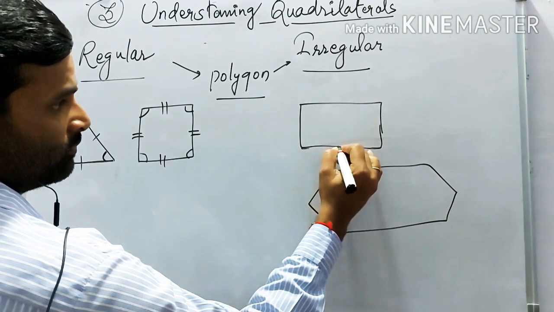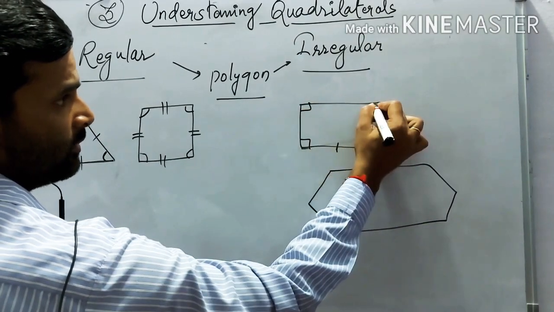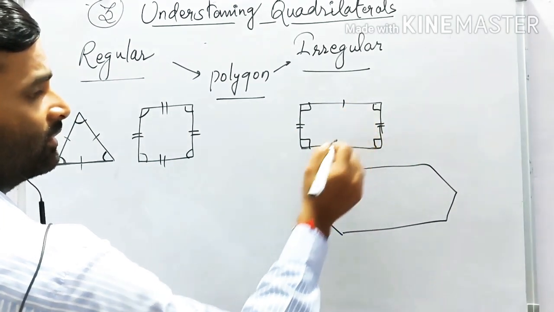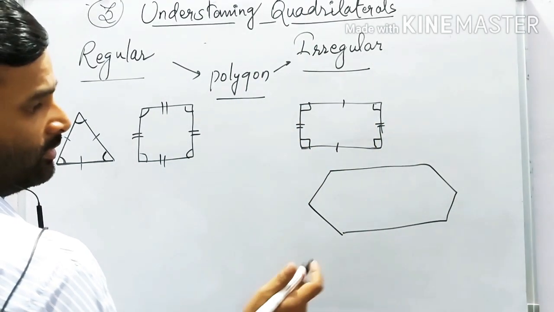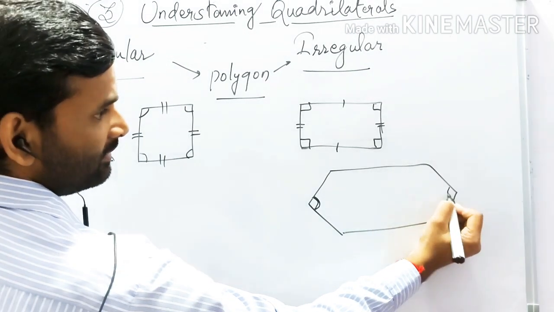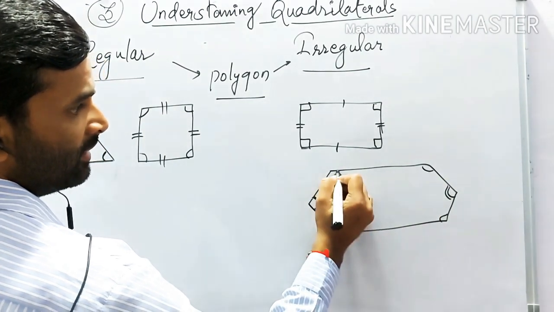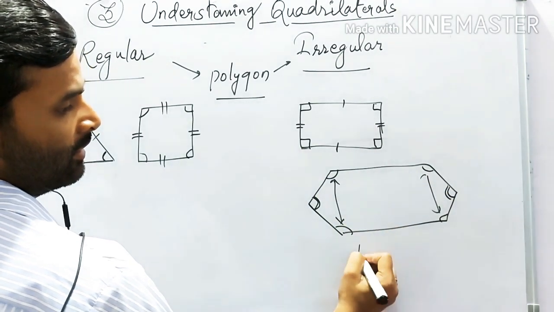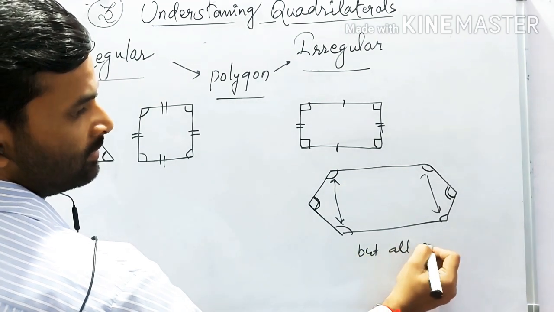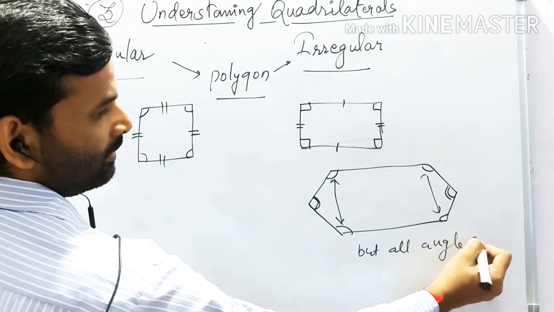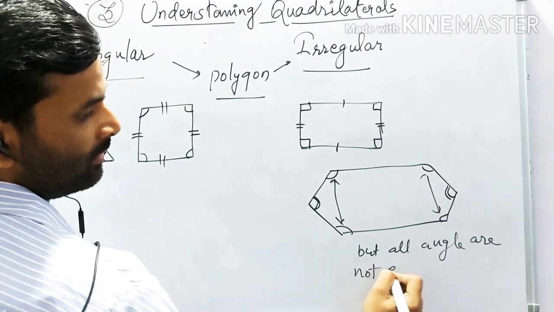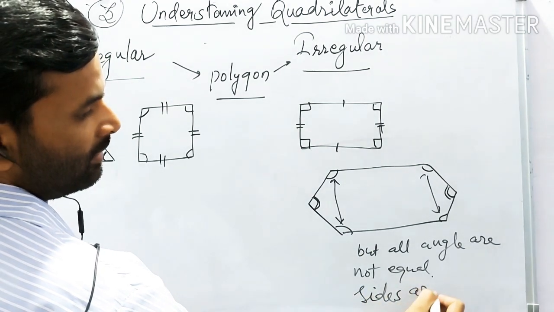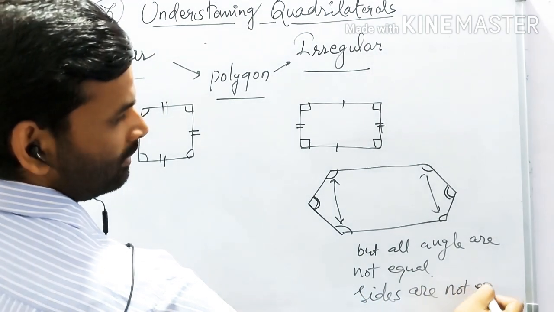Rectangle: all angles are equal, all angles are 90, but the sides are not equal. It's called an irregular polygon. Similarly, in this shape this angle and this angle are equal, this angle and this angle are equal, but all angles are not equal and sides are not equal.